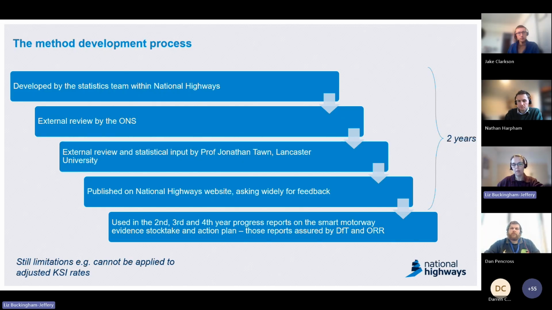We asked the ONS, Office for National Statistics, to do a review. We tried to seek input from as many others as we could while we were thinking about this stuff. We also got an external review and statistical input and subject matter expertise from John Torn at Lancaster University. And then we wrote about everything that we thought about, and published it on the National Highways website.